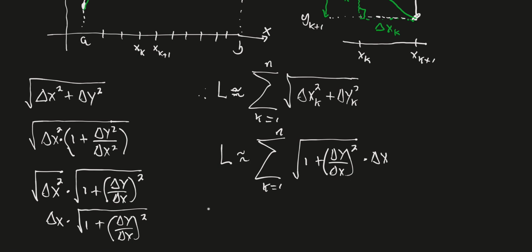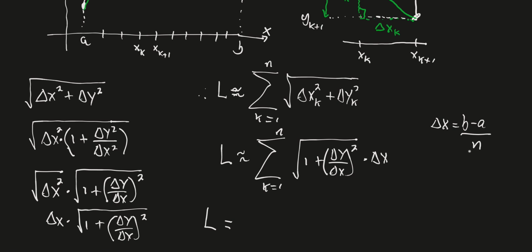So if I want the exact arc length now, there are two ways I could say it. I could let my n go to infinity, or I could make my delta x go to 0. With our definition of delta, they're equivalent. Because remember, we're taking our constant delta x to be b minus a over n.